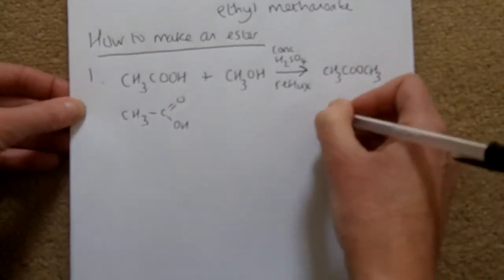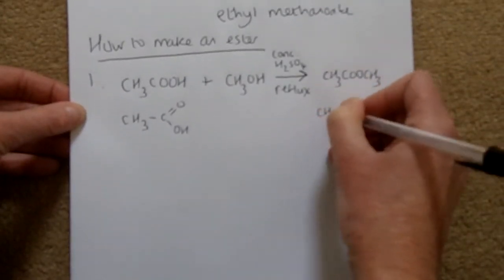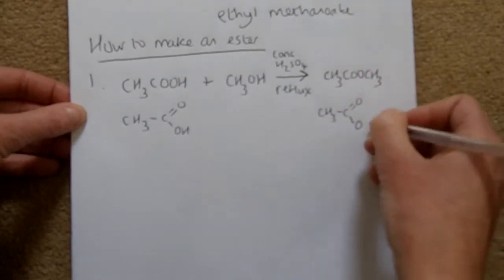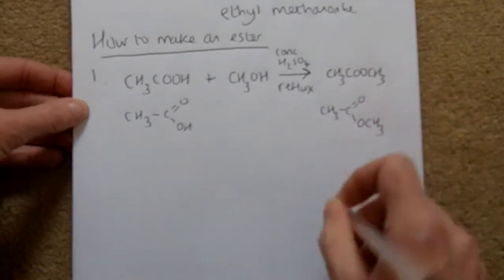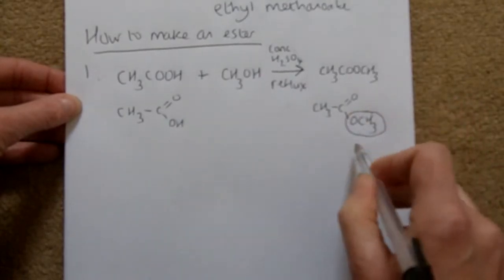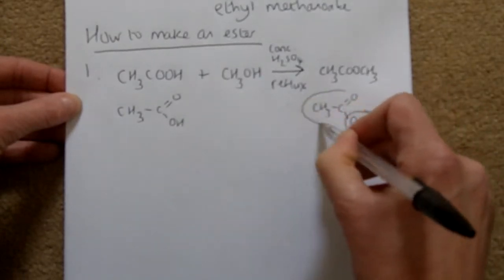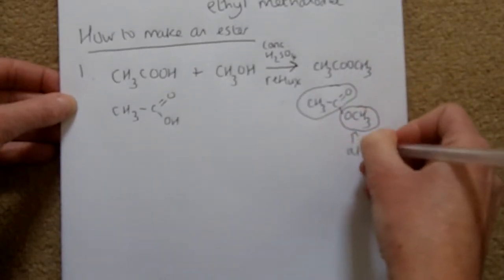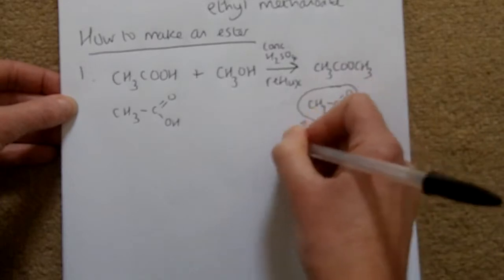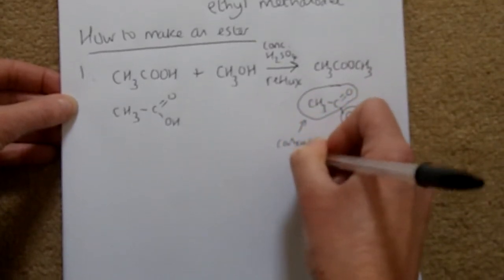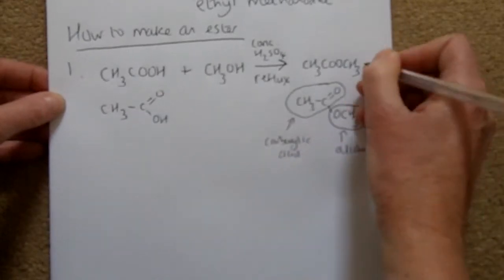If you draw the ester out, we've got the carboxylic acid part of the ester and then the alcohol part. This part has come from the alcohol and this part has come from the carboxylic acid, plus water.